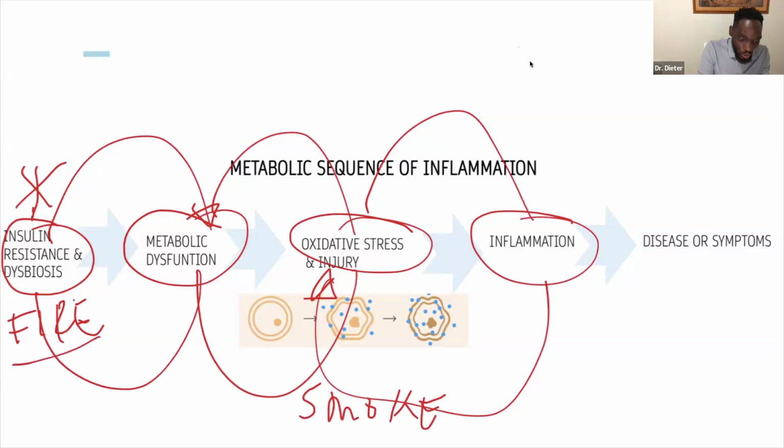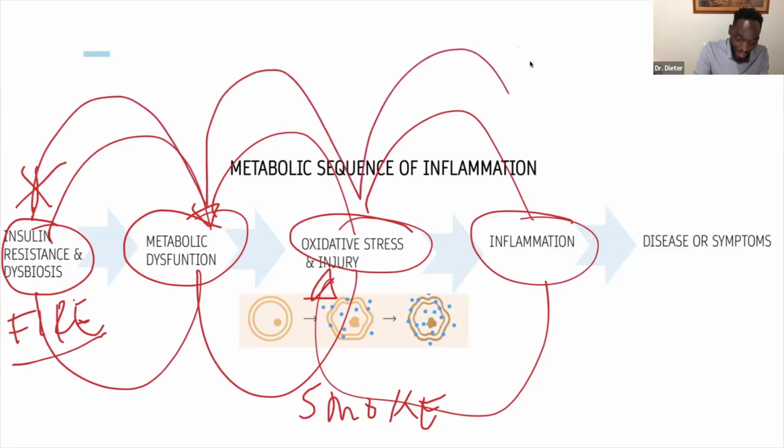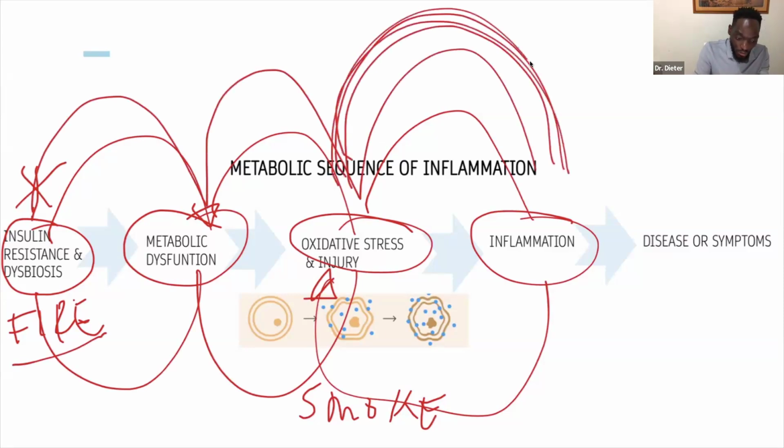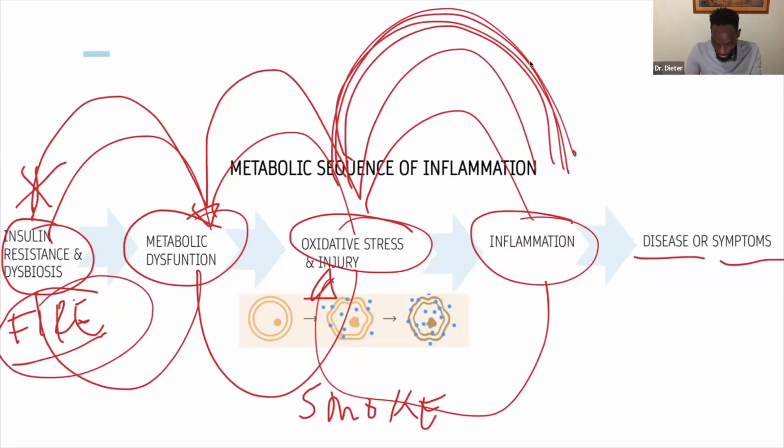This problem continues, this sequence continues, and you continue to have inflammation because the core of the problem is not taken care of. Chronic inflammatory states result in diseases and symptoms.